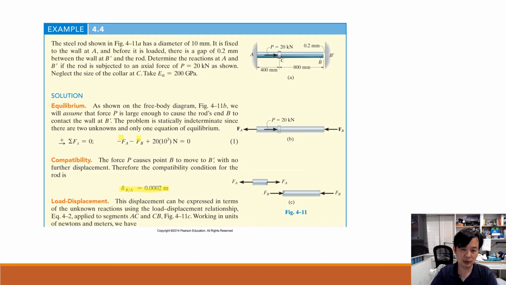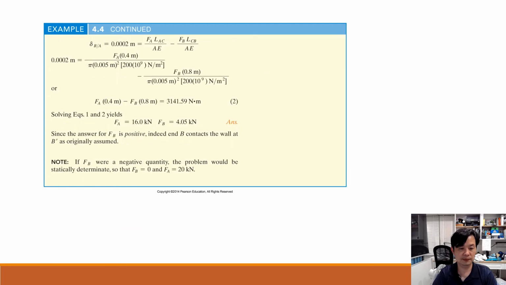This is the special case based on the gap over here. Once we know the first equation and the second equation, we use the load-displacement equation to derive the detailed relation in the second equation. Delta B over A equals 0.0002 meter. This is the process.